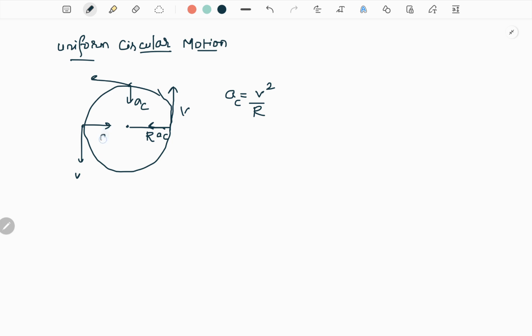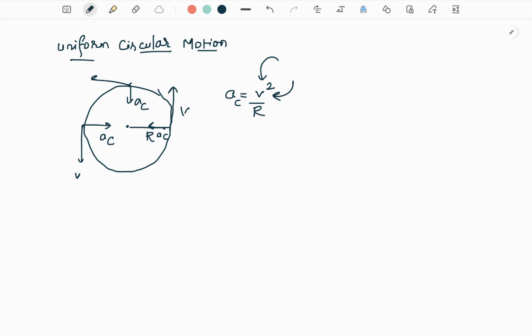Can we say the velocity is changing? Yes, velocity is variable, hence we have acceleration. Then is the acceleration of the body changing? If you look at its magnitude, it doesn't change, because magnitude depends on the speed of the particle and the radius of the path. Since v doesn't change, a_c also does not change.